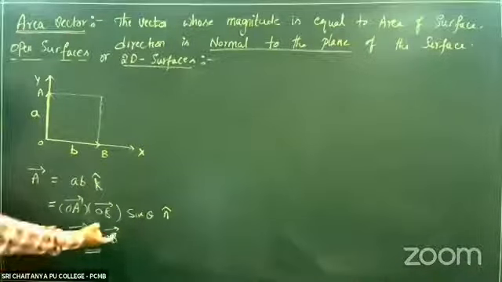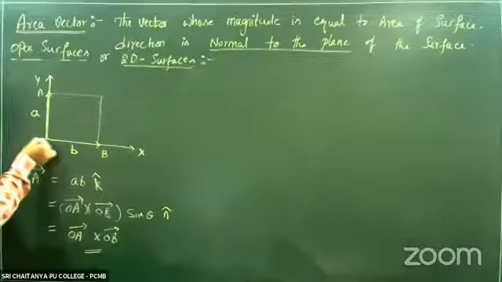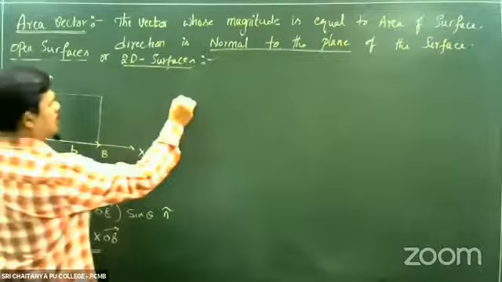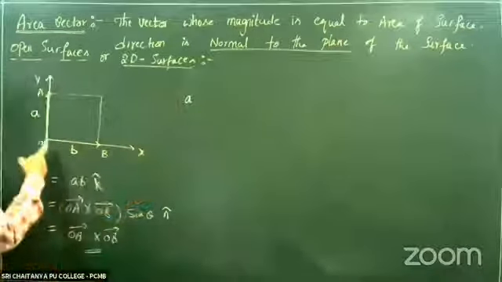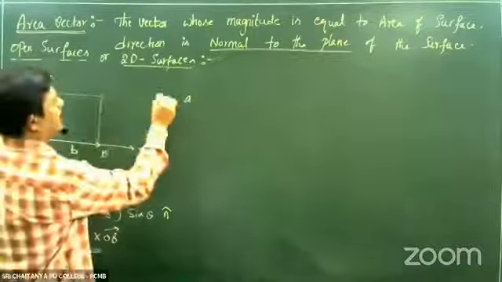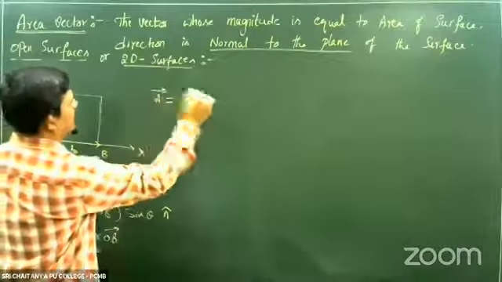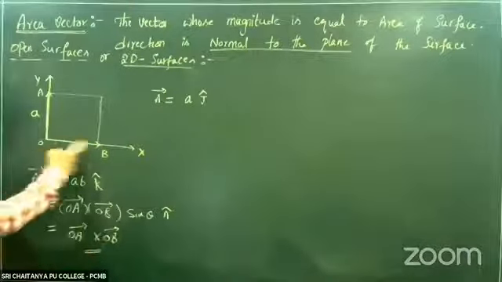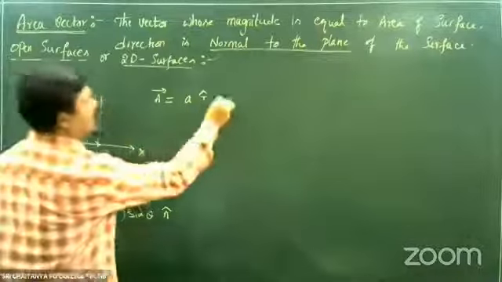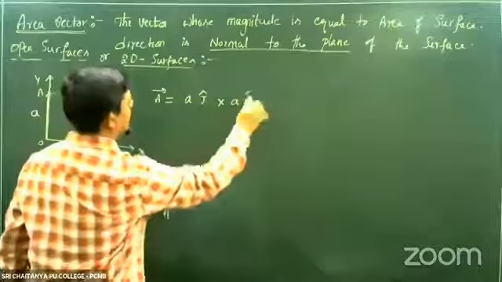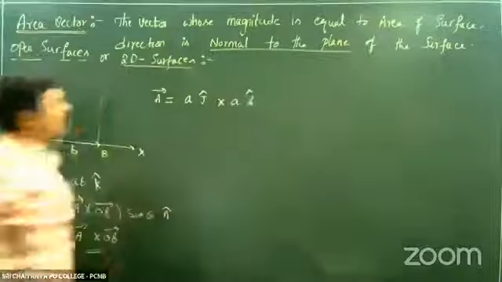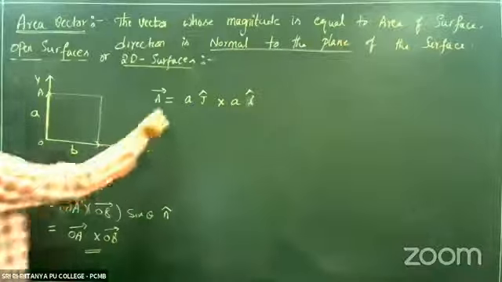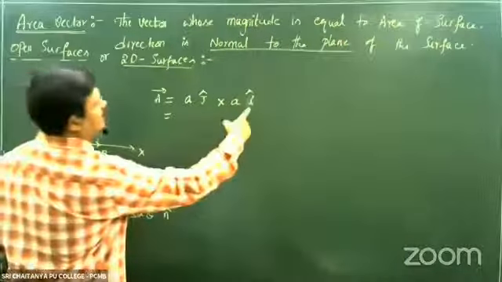See here, OA cross OB. OA is in what direction? Y direction. So I can write OA as A j cap. OB is in what direction? X direction, so A i cap. What is the cross product of J and I?